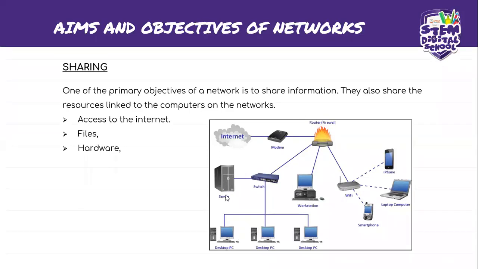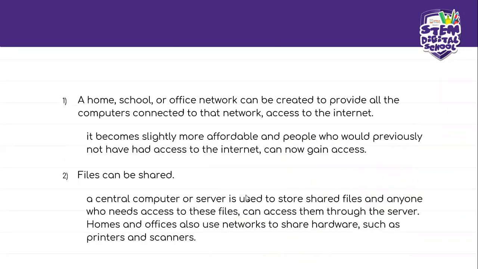So that is the primary objective of a network. A school office network can be created to provide all computers connected to that network access to the internet, like I've just said. Like in a school, there can be a router where everyone connects.